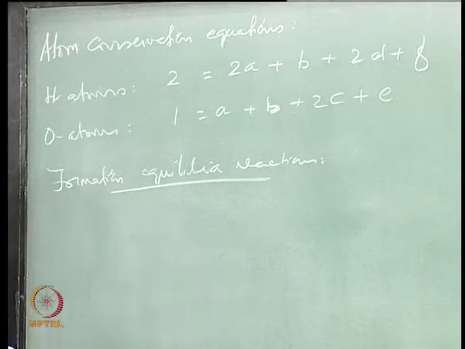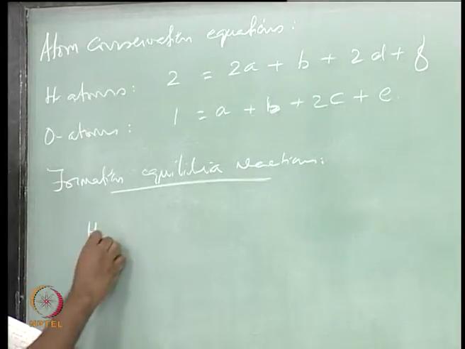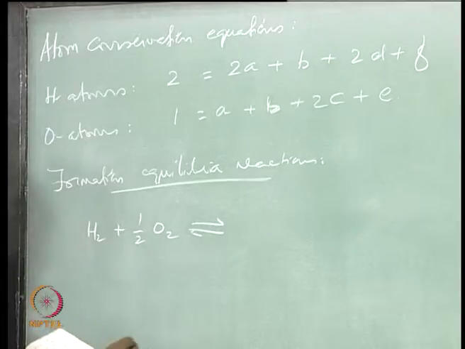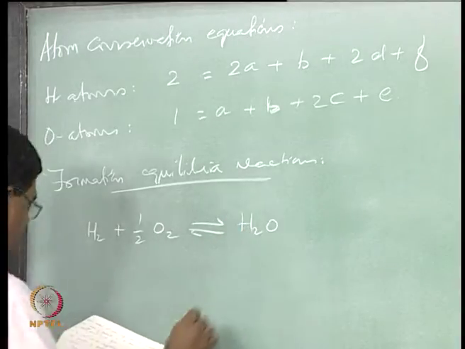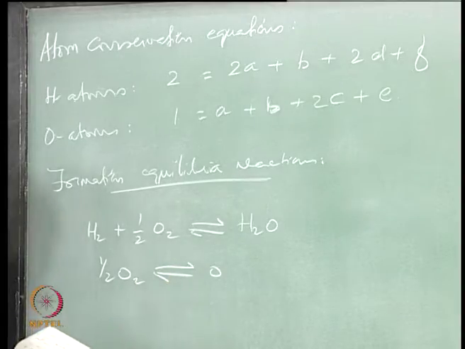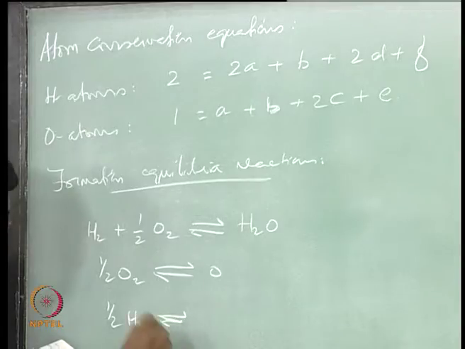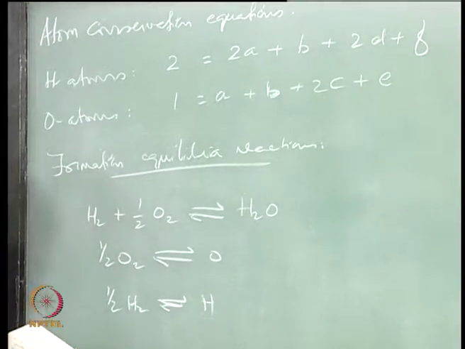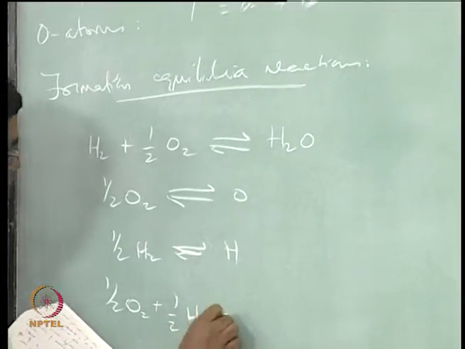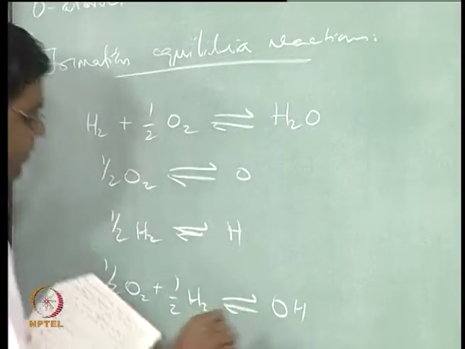reactions. So we now say H2 plus half O2 gives and takes H2O, half O2 gives and takes O, half H2 gives and takes H, and half O2 plus half H2 gives and takes OH.